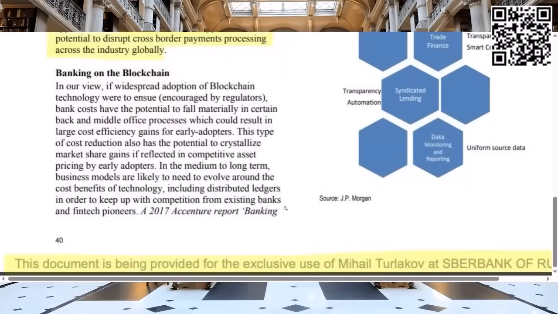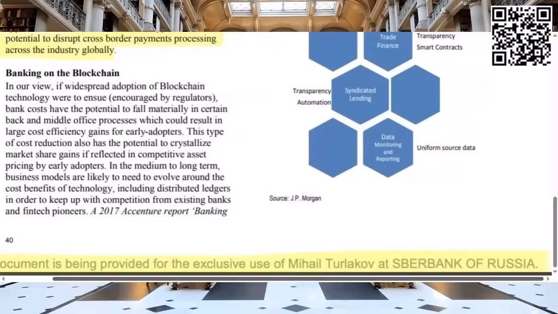And as we also see on the bottom, the document is being provided for the exclusive use of Mikhail Turkolov, Sberbank of Russia. That is so major when you look further into it all. This is why we point out these key things. With that said, your thoughts, Jesse.